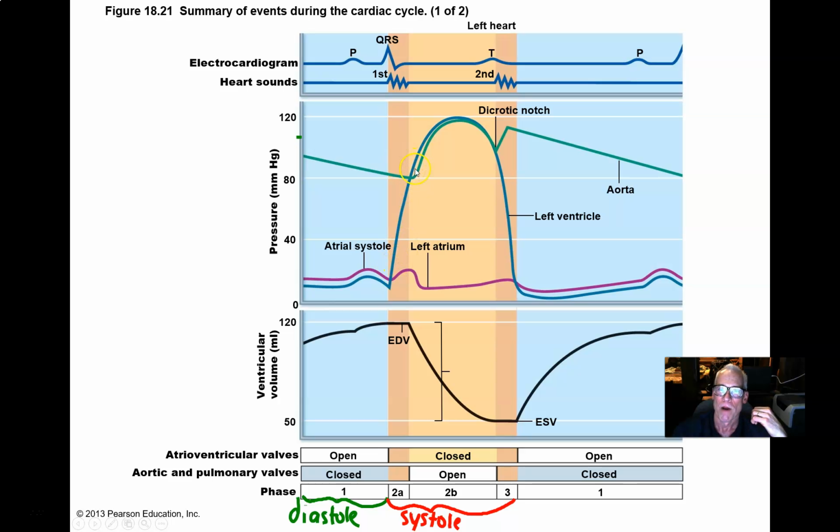Now, the pressure in the aorta is still much, much higher. This is it right here, and this green line is the pressure in the aorta, right? Pressure on the y-axis. It's much higher. We're still down here, and so the semilunar valve is also closed because the pressure is higher. The blood's trying to go back into the ventricle, but it can't because the semilunar valve is closed.